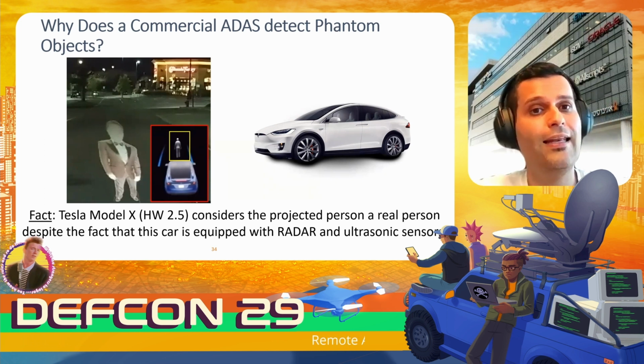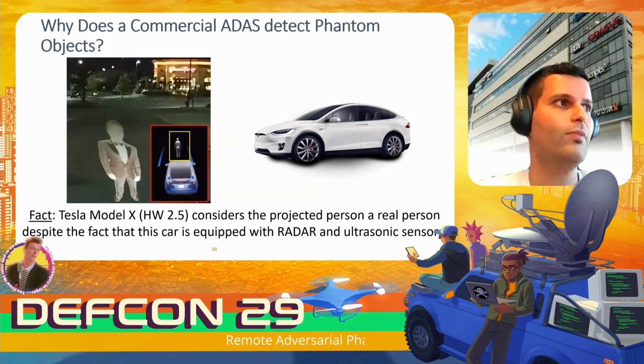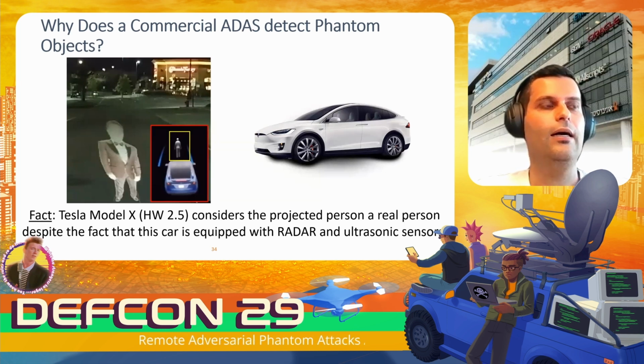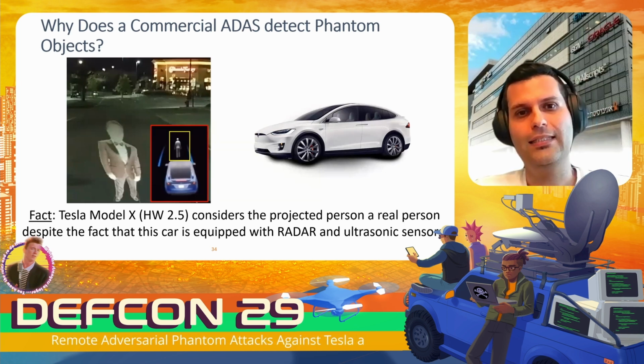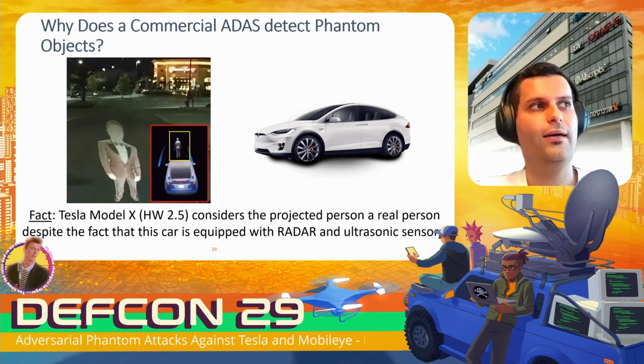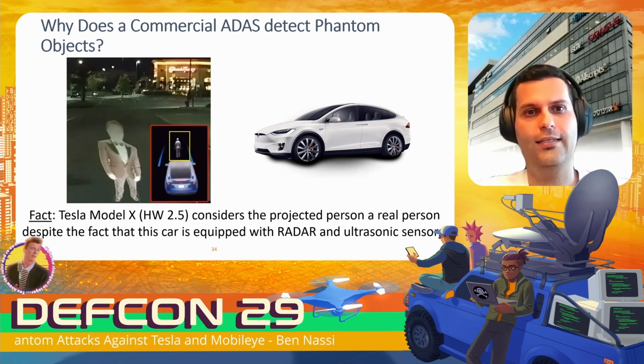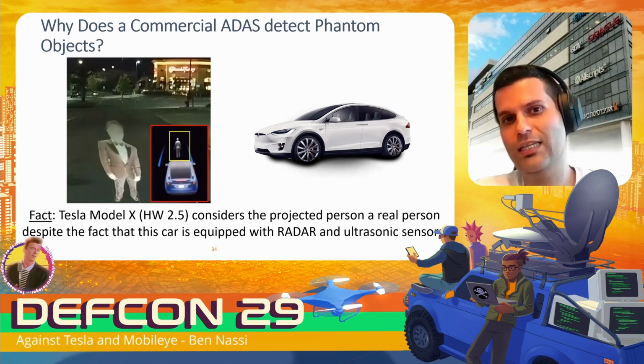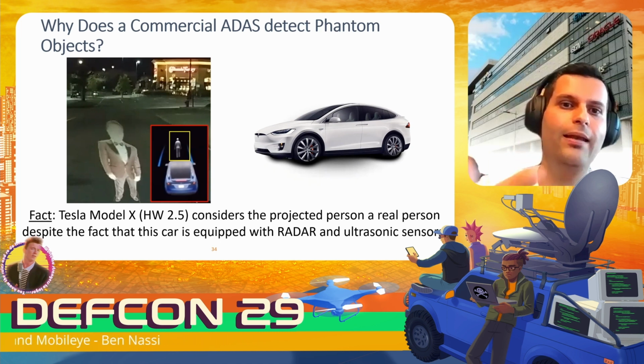Now, some of you maybe again are not that surprised because I would say that pedestrians have a lower radar cross section or radio signature than, for example, cars.